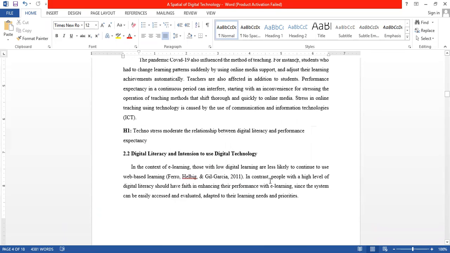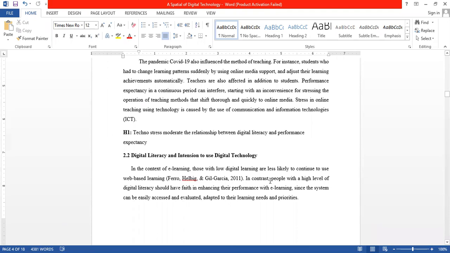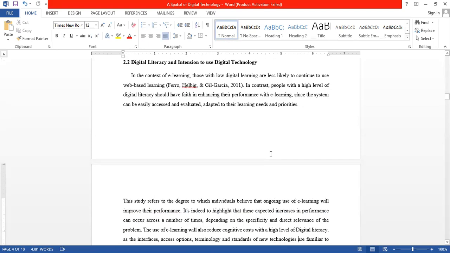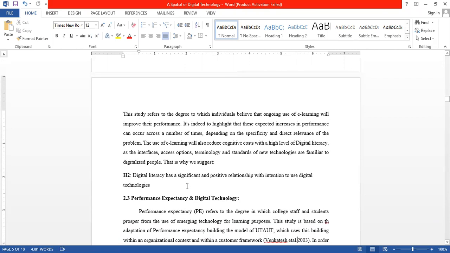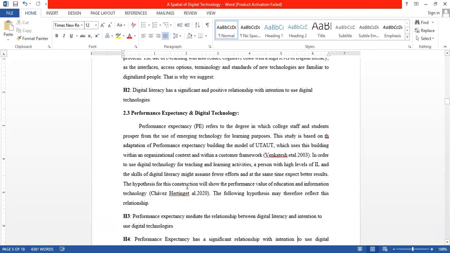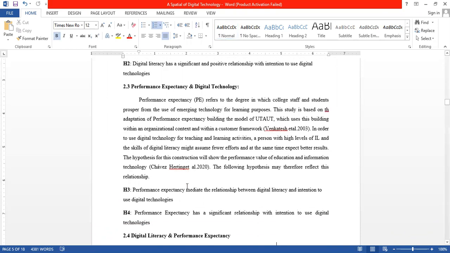In the last, I discussed the hypothesis relevant to technostress. After that, I mentioned two variables, digital literacy and intention to use digital technology. Hypothesis two is that digital literacy has a significant and positive relation with intention to use digital technologies. And after that, performance expectancy, digital performance expectancy and digital technology.